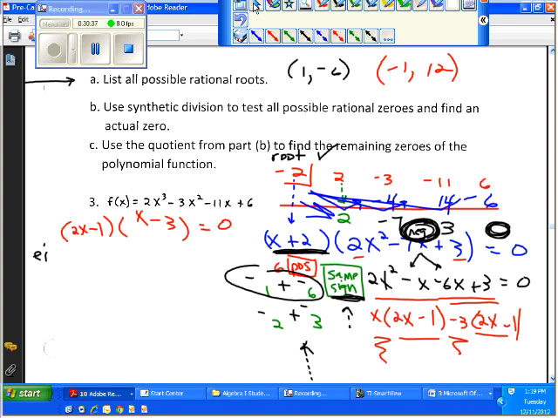Now we set each of those equal to 0. Either 2x minus 1 equal 0, or x minus 3 equal 0. We're going to solve, so we add 1. 2x equal 1.